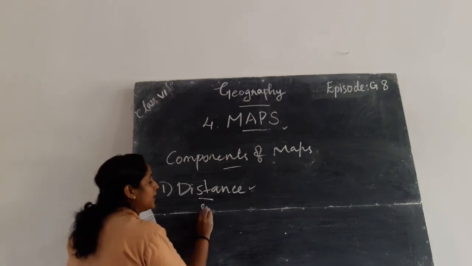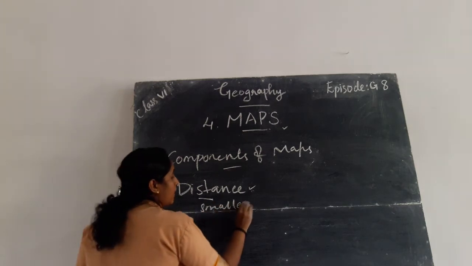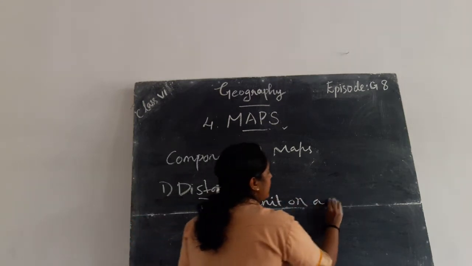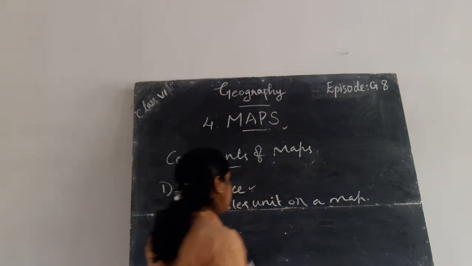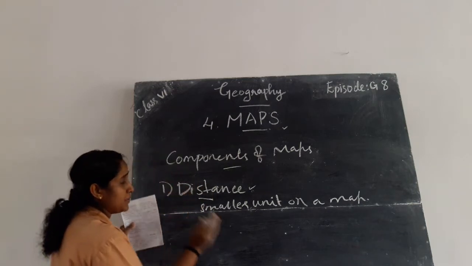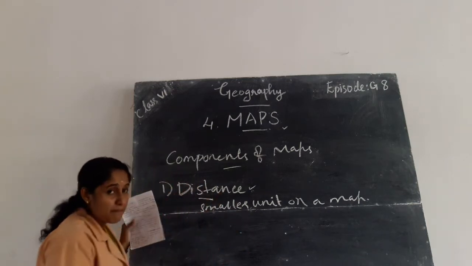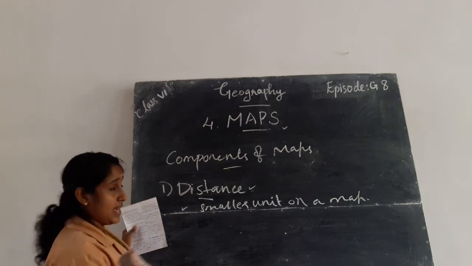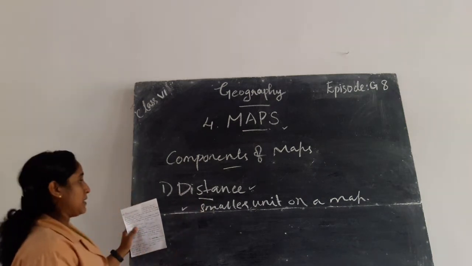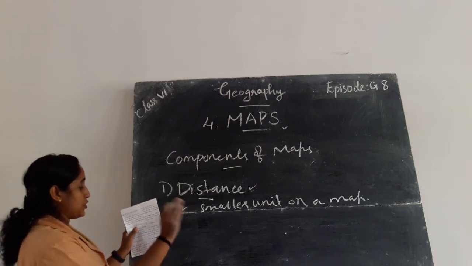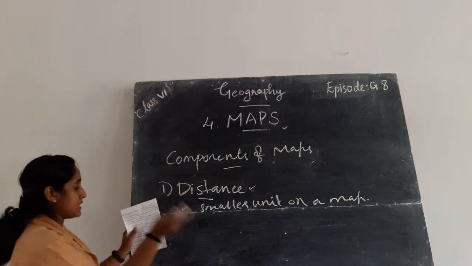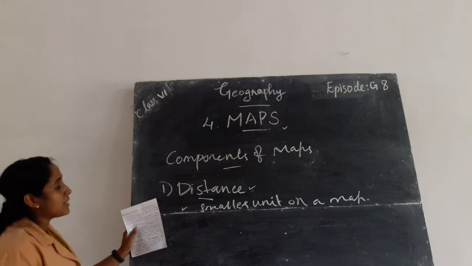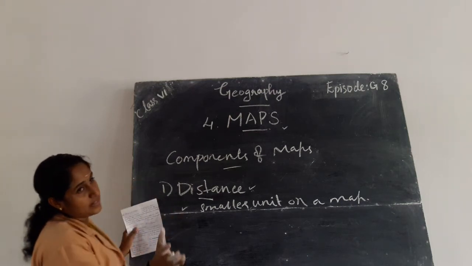So we use distance on a map with a smaller unit, because it is not possible to show the actual distance and actual size of the earth on a map, since it is too large.